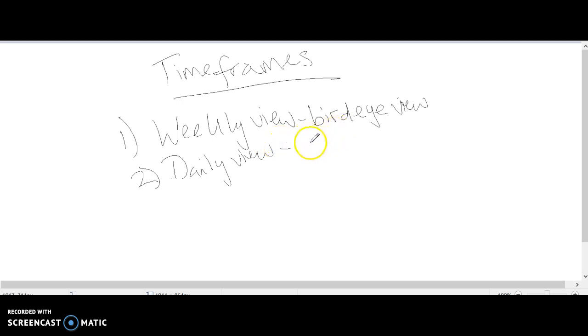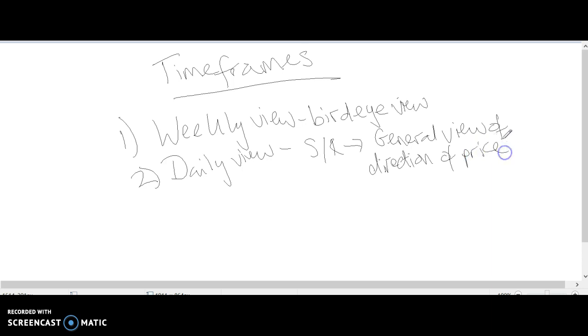This is where we want to start drawing our support and resistance lines, and this will allow us to see a general view of the chart, general view of the direction, direction of price. Once we've seen our daily view, we want to dip down to our 4 hour view. This will give us confirmation of direction.